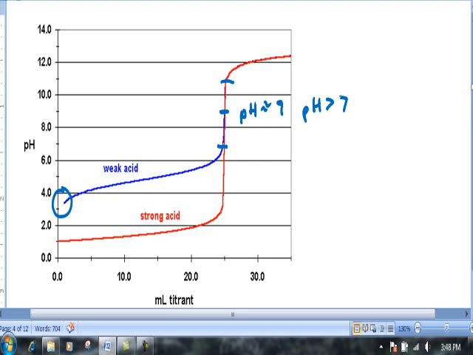The reason being, at this point all that's present is salt and water. The salt, which contains the conjugate base of a weak acid, has the capacity to generate hydroxide ions when it reacts with water or goes through a hydrolysis reaction. And by generating hydroxide ions, it causes the salt solution to be basic.